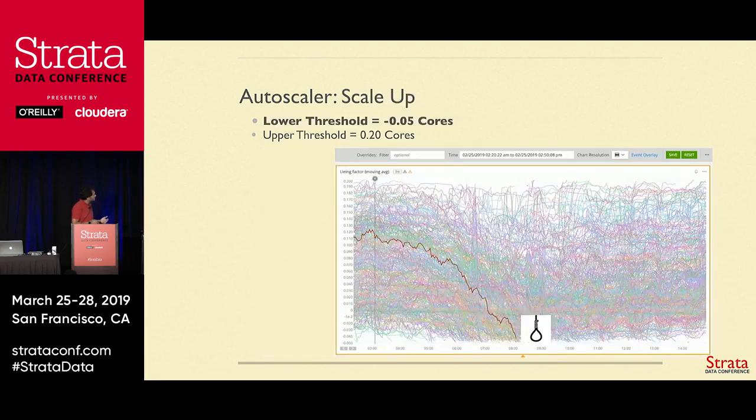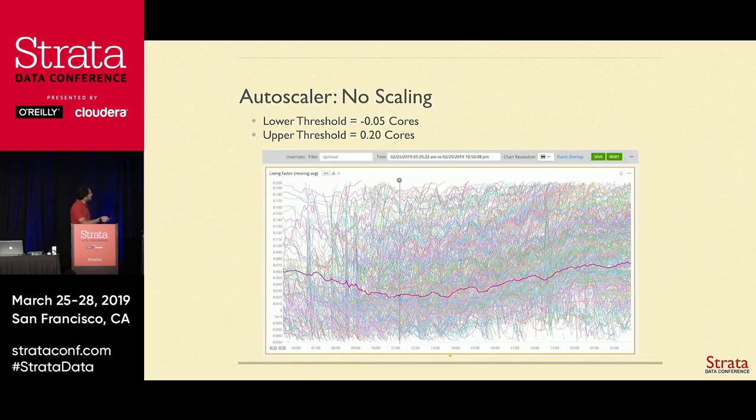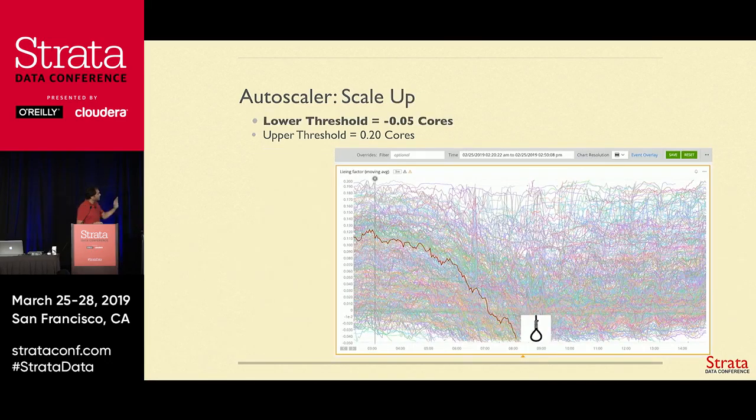And so this line over here is a container which is a very well-behaved container. The lying factor doesn't increase, and it doesn't have a problem. But here's a container for which the lying factor decreases over the course of the morning, and it goes to minus 0.05. That's when this container commits suicide.